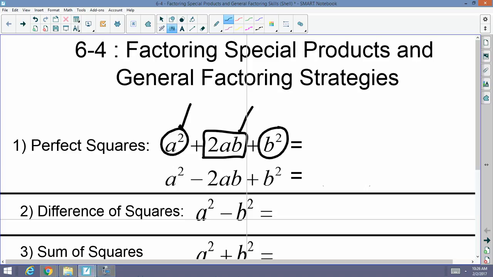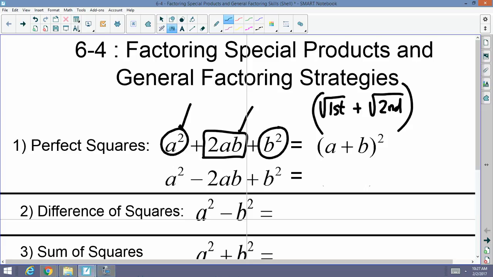That means that my last term is also a perfect square. When this occurs, you are going to be able to factor this into (a plus b) squared. What does that mean, Moro? Well, this literally means it's the square root of the first term plus the square root of the second term, and then I'm squaring it all.